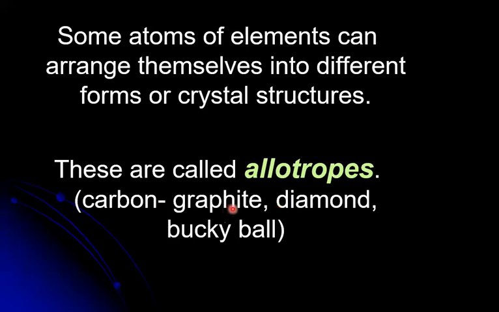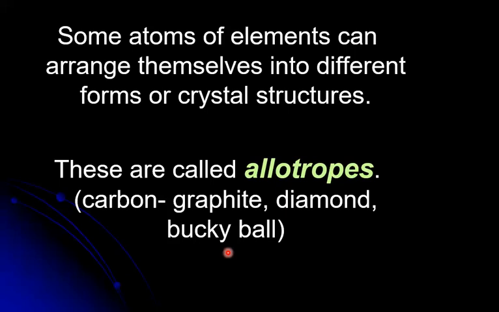Another form, at least when you're in school, is carbon in the form of graphite, which is found in your pencil lead, which isn't really lead, it's got graphite in it. And then there's another form called buckyball, and that was fairly recently discovered. I think it was back in the 1980s sometime. There's lots of other forms as well. There's something called nanotubes.